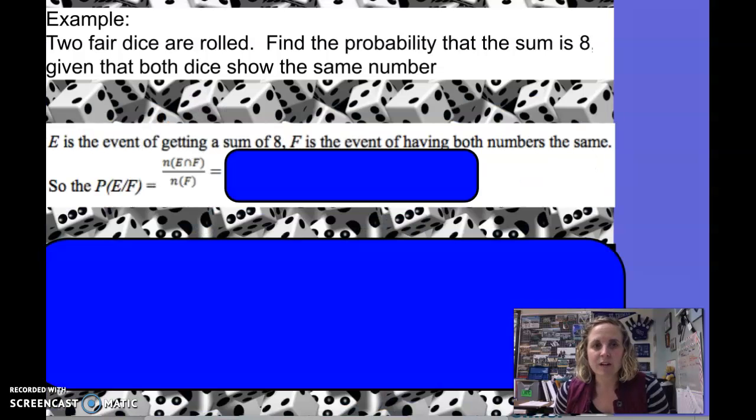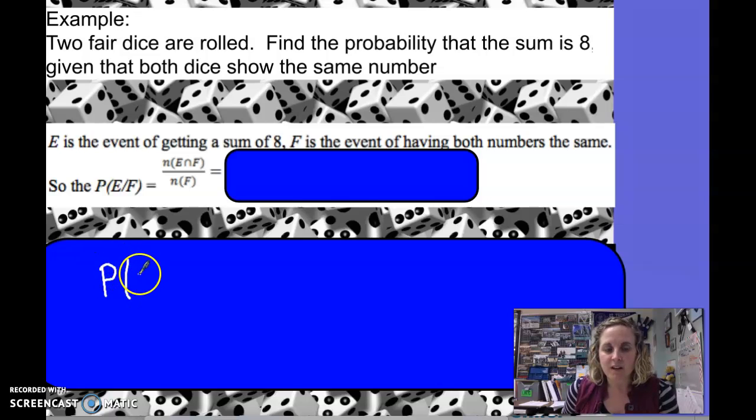Alrighty, moving on, if we have a dice again, the example: 2 fair dice are rolled, find the probability that the sum is 8, given that both dice show the same number. Well, if both dice show the same number, we have probability that the sum equals 8, given that we have doubles. So I'm just going to say D for doubles.